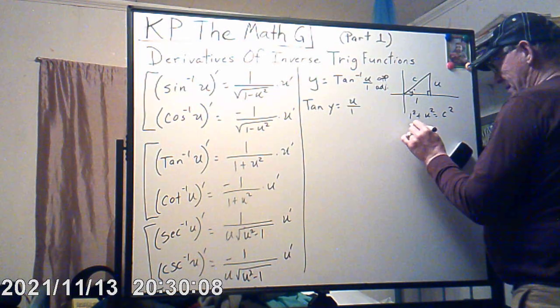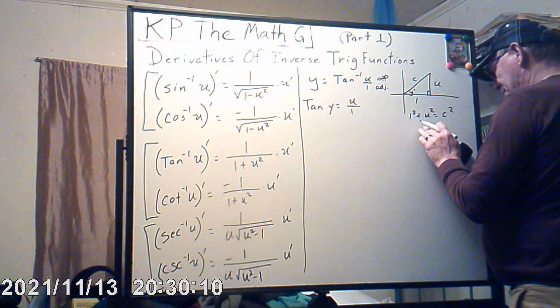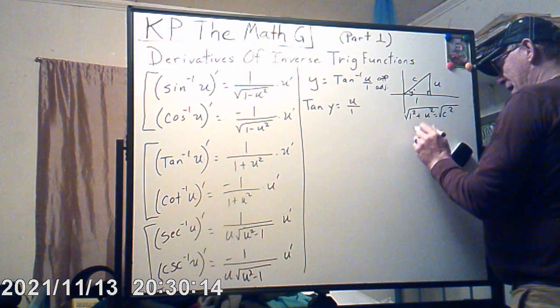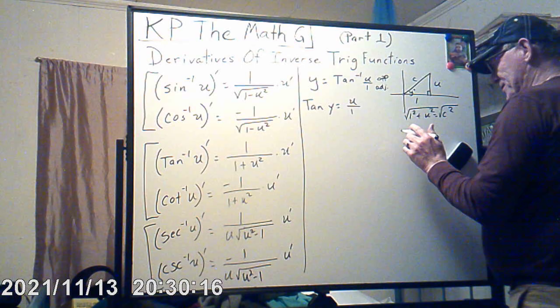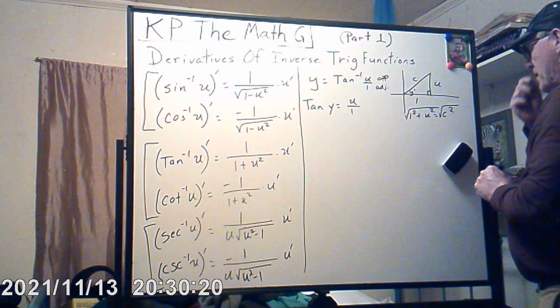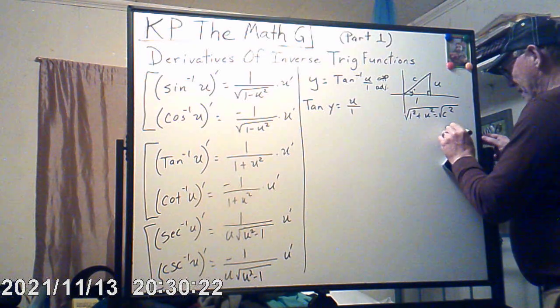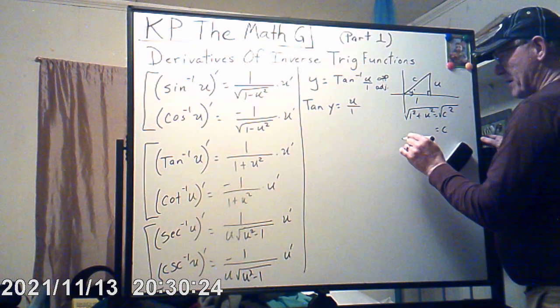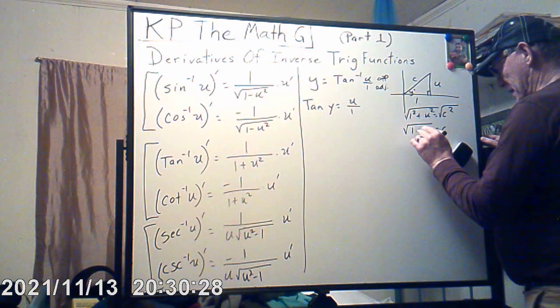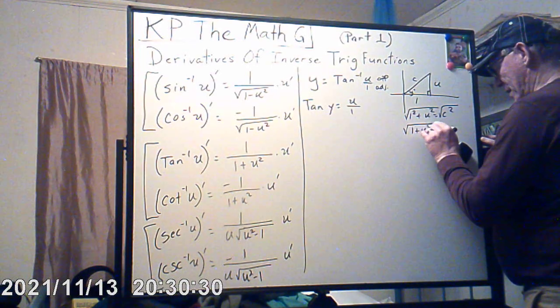If I take the square root of c squared, c is equal to the square root of 1 plus u squared.